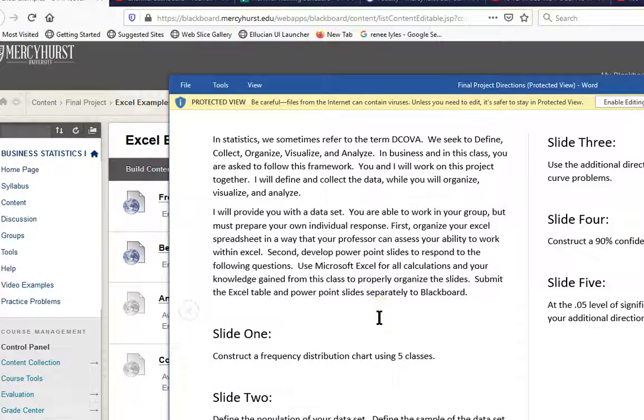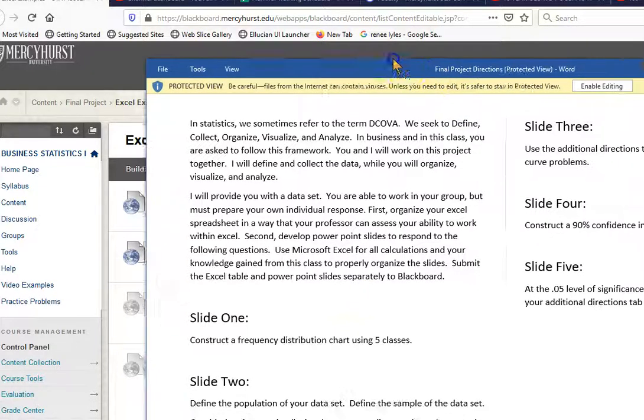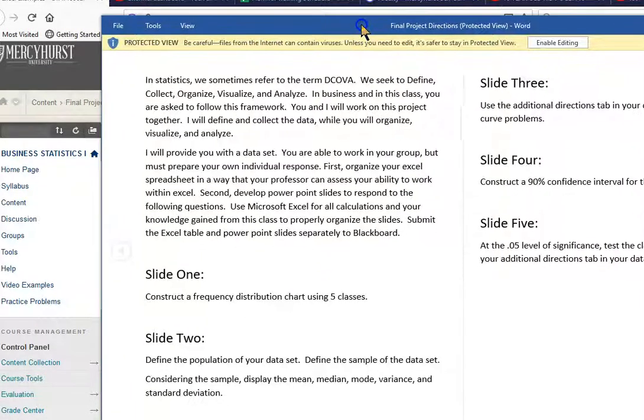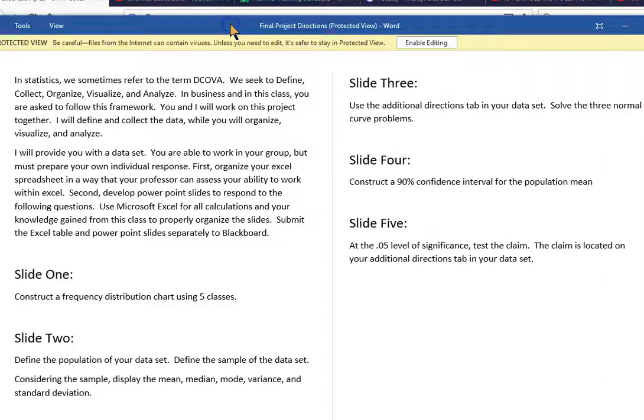All right, where did my Word sheet go here? Slide 2. You're going to define the population, define the sample, and then I want you to display the mean, median, mode, variance, and standard deviation. That's pretty easy. Slide 3. Use additional directions in your tab, but I've given you 3 normal distribution problems, so some probability problems I've given you.